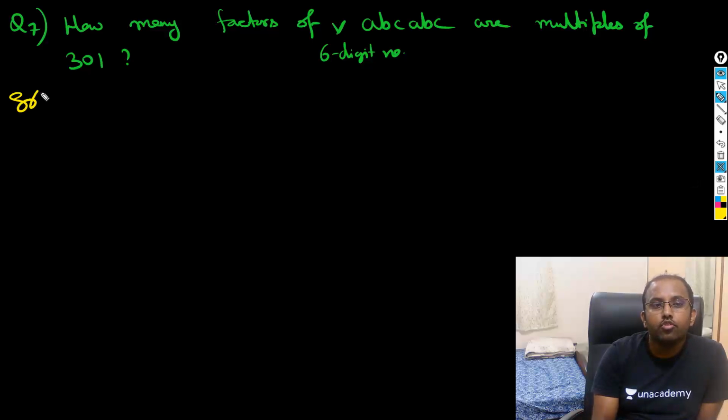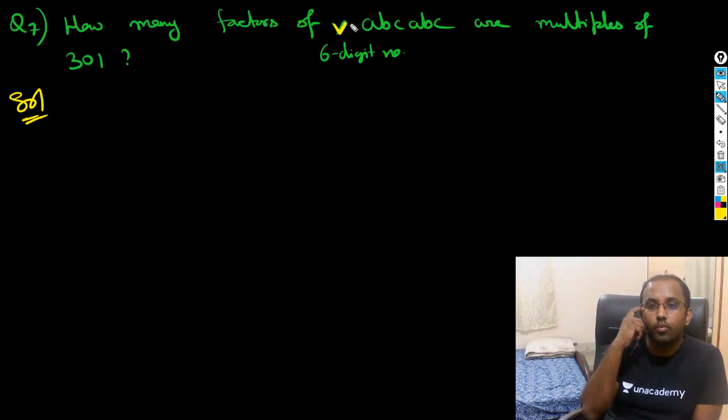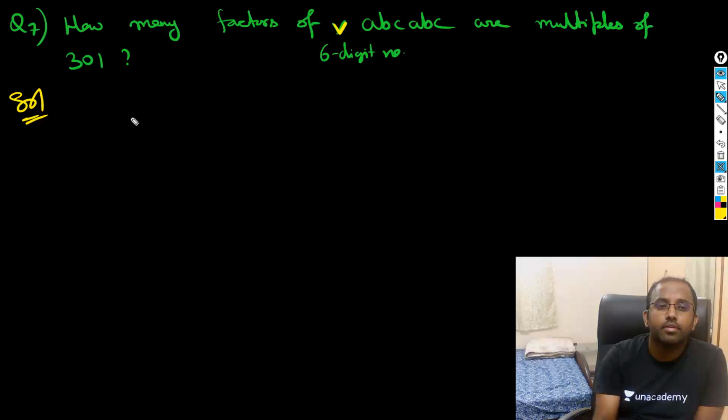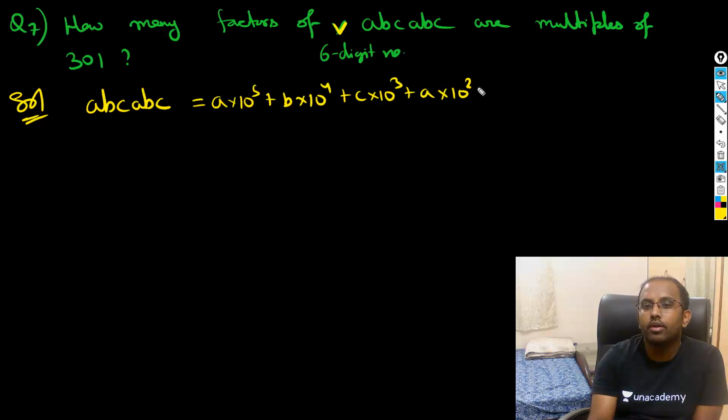Basically I want this to be a multiple of 301, right? So once you factorize ABC, you should know how to factorize it. If I break it, I can write A into 10 raised to 5 plus B into 10 raised to 4 plus C into 10 cube plus A into 10 square plus B into 10 raised to 1 plus C into 10 raised to 0.